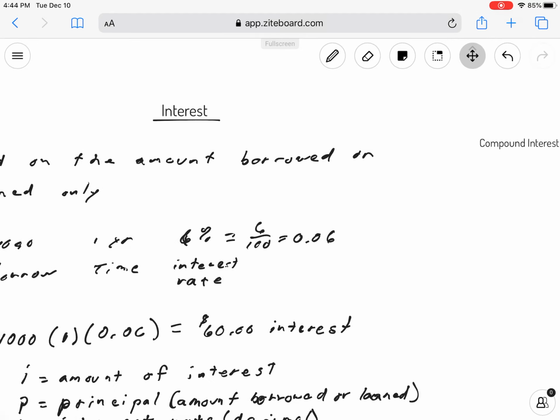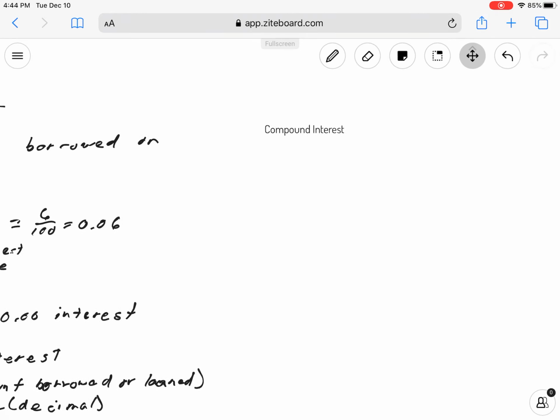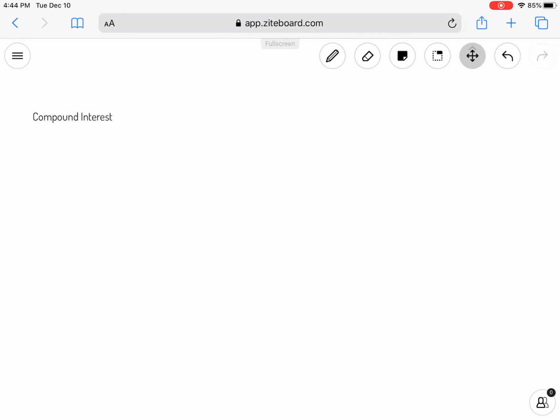Let's look at what is called compound interest. Okay, so compound interest differs from simple interest. In simple interest, we just earn interest on the amount of the loan or the amount that we invest.